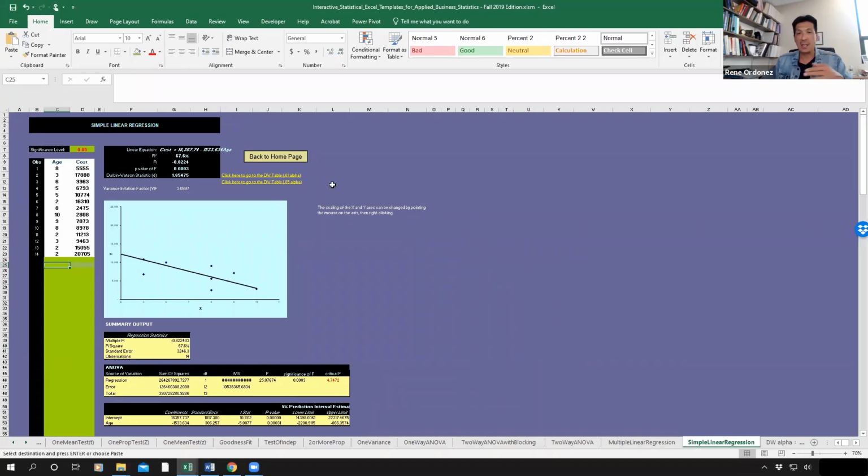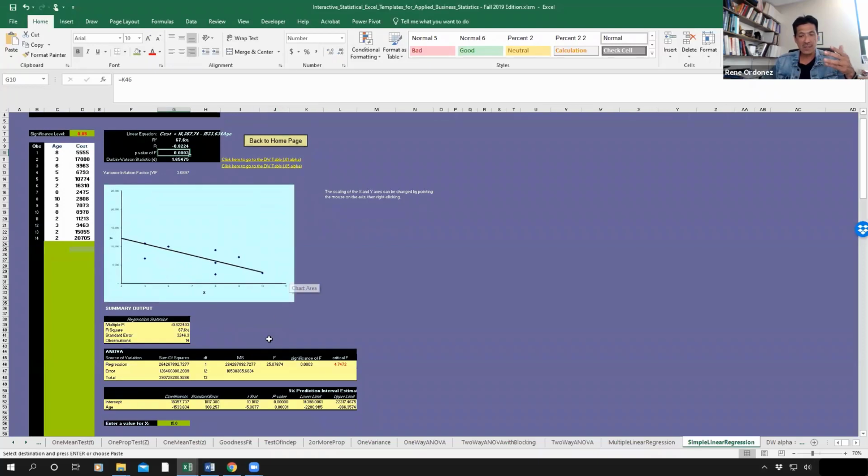The advantage of the output is that it picks the important numbers, like the coefficient of determination, the correlation coefficient, the significance of the F value, which you can use for the significance of the model test.